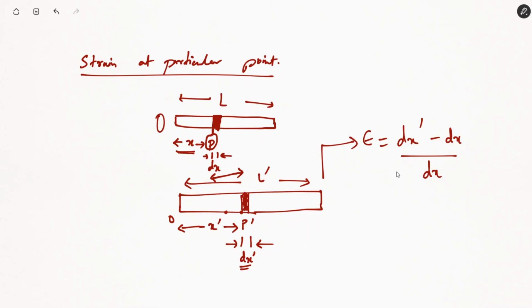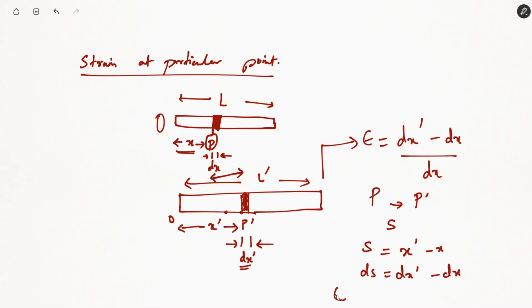Now it's not possible for us to measure that distance dx dash. So we can represent it in terms of the measurement of distances x and x dash. We know that P gets displaced to P dash. So let this displacement be equal to s. So s is nothing but x dash minus x. That means ds will be nothing but dx dash minus dx.